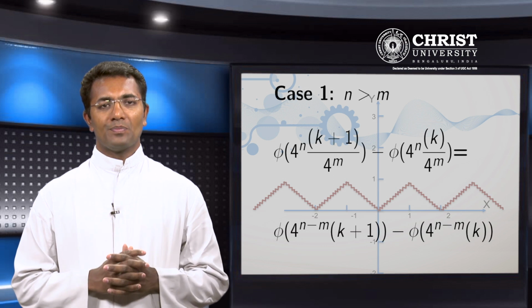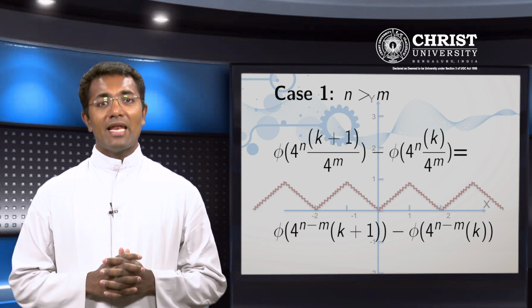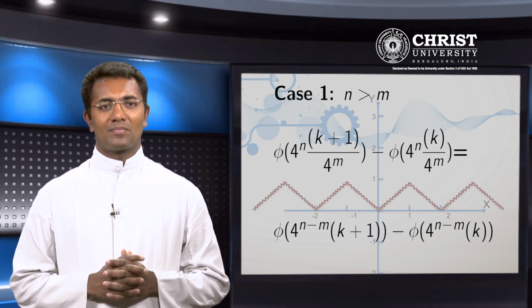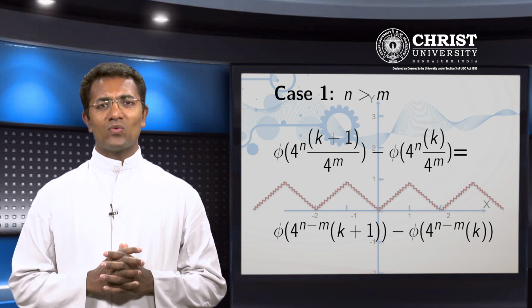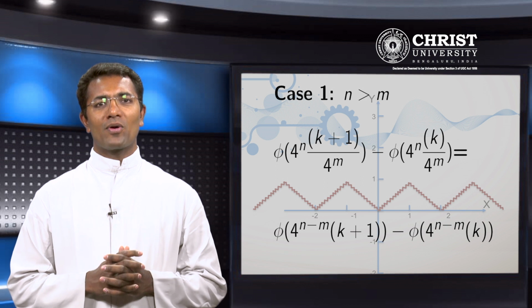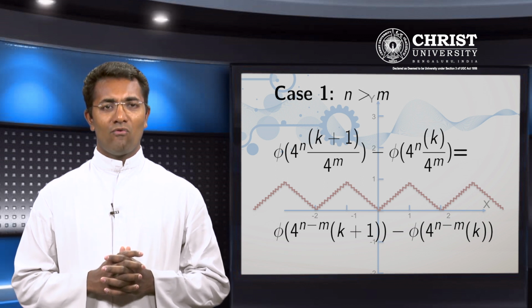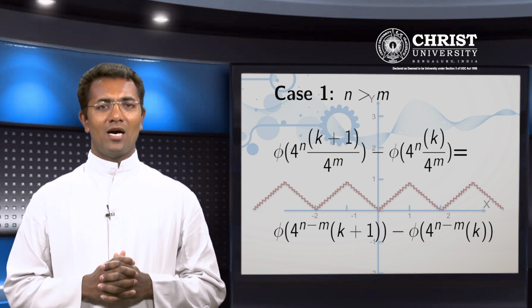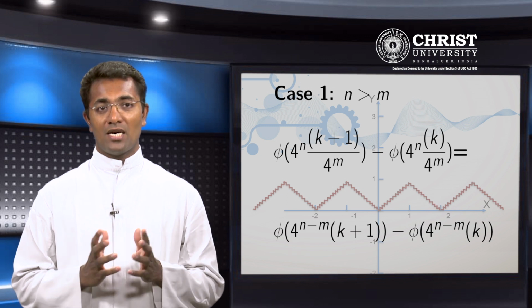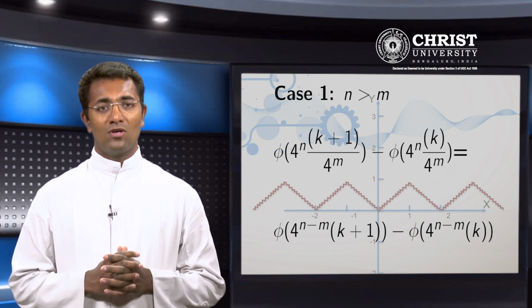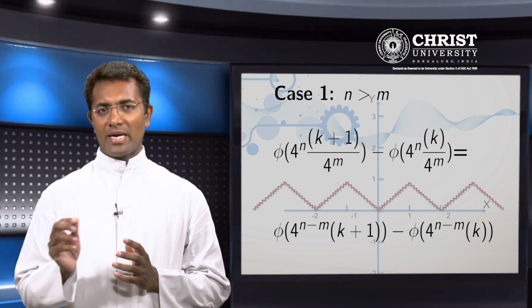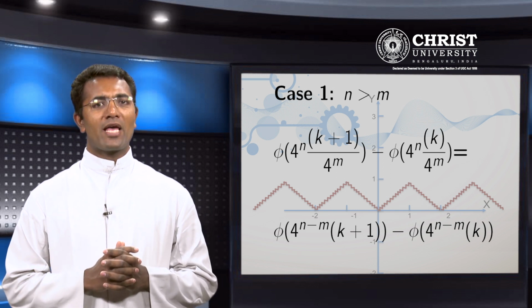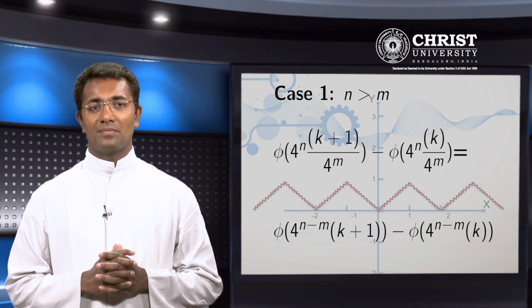Case 1. When n is greater than m. Here phi of 4 power n into k plus 1 upon 4 power m minus phi of 4 power n into k upon 4 power m becomes phi of 4 power n minus m into k plus 1 minus phi of 4 power n minus m into k.